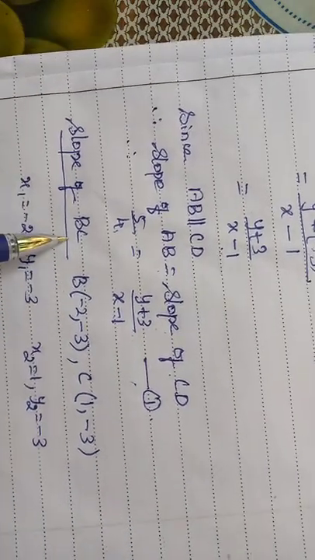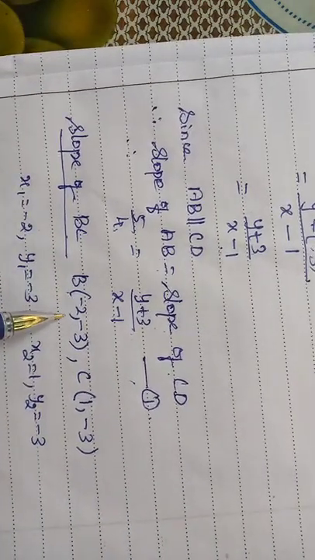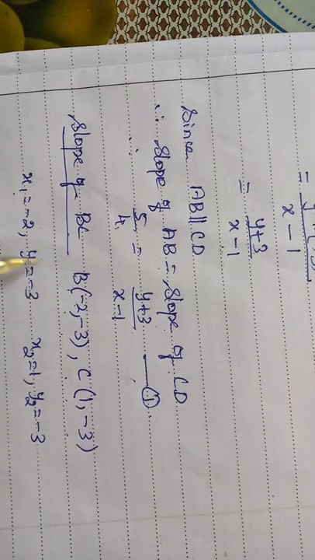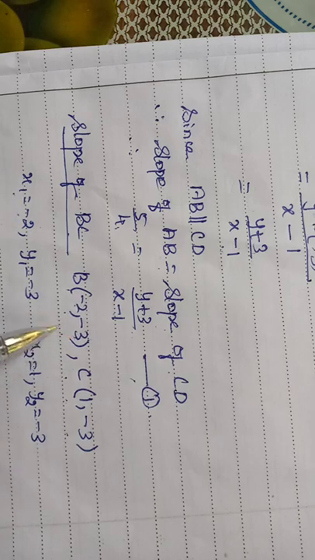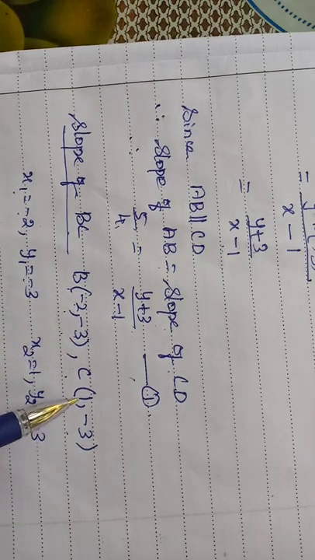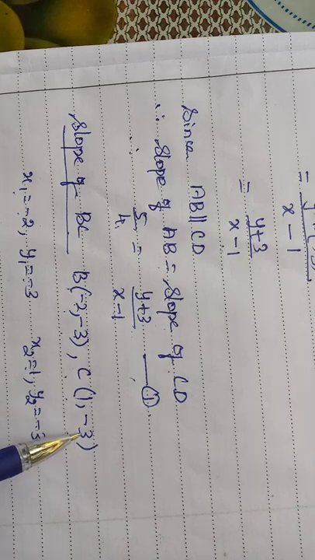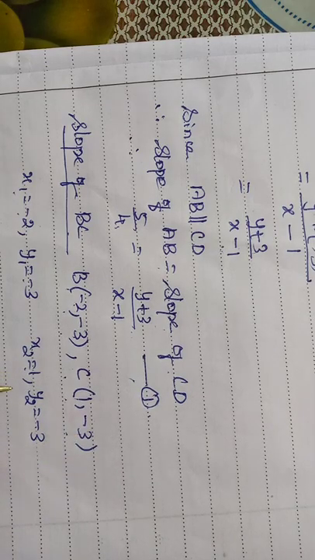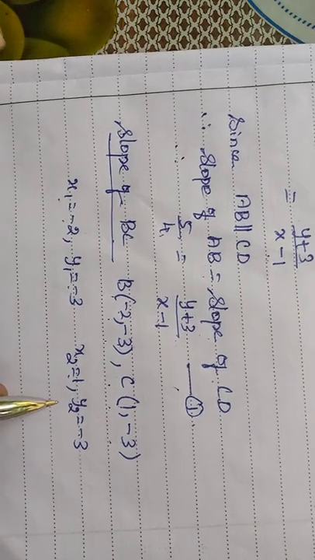For that you have to use the points B of -2, -3 and C of 1, -3. Here x1 equal to -2 and y1 is equal to -3, x2 is equal to 1 and y2 is equal to -3. What is the formula? y2 minus y1 by x2 minus x1. Shall we substitute?